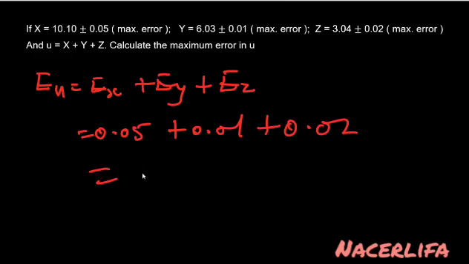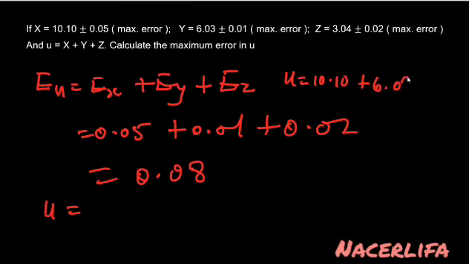If we add these, we have 0.08. We can report the value of u in terms of its maximum error. We add the actual values: u is 10.10 plus 6.03 plus 3.04, which gives 19.17.